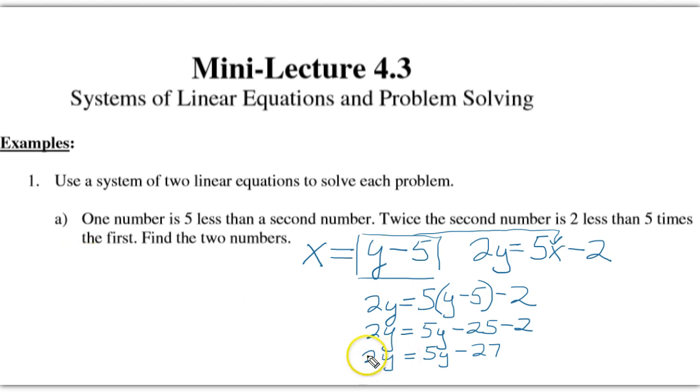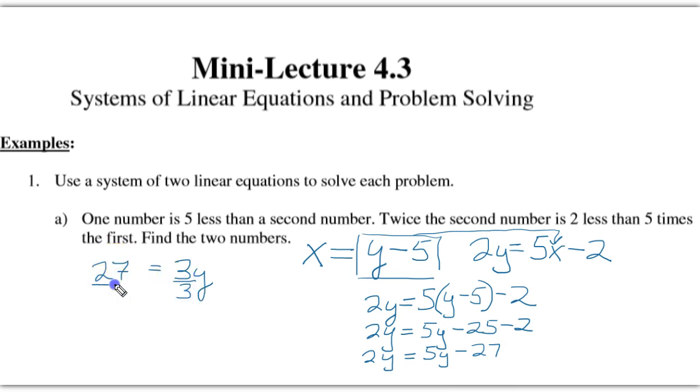Let's transpose the 2y to this side, so we get on this side 3y now. Transposing the 2y to this side, I'm going to transpose the negative 27 to the other side. That'll give us a positive 27.